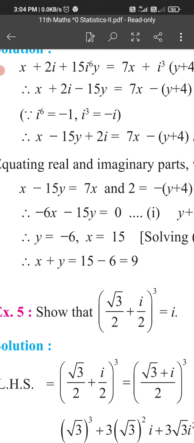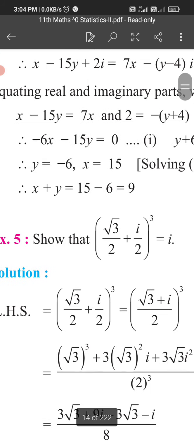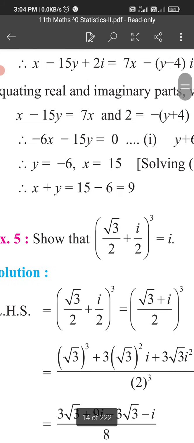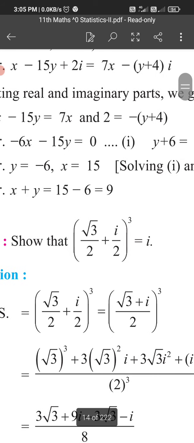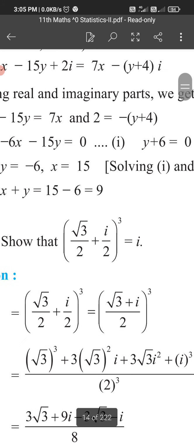Now here we use the formula (a + b)³ = a³ + 3a²b + 3ab² + b³. So a is √3: a³, plus 3a² that is (√3)², and b that is i, plus 3 into a, that is 3√3, into b², that is i², plus b³, that is i³, divided by 2³.